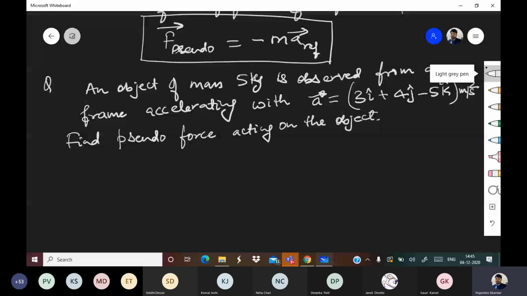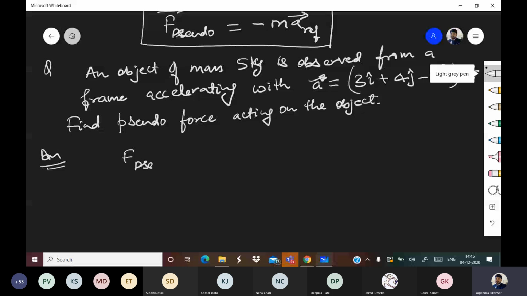So basically, F pseudo is equal to minus m into a ref. Okay, so minus is outside, m is how much? 5, and a ref is 3i plus 4j minus 5k.